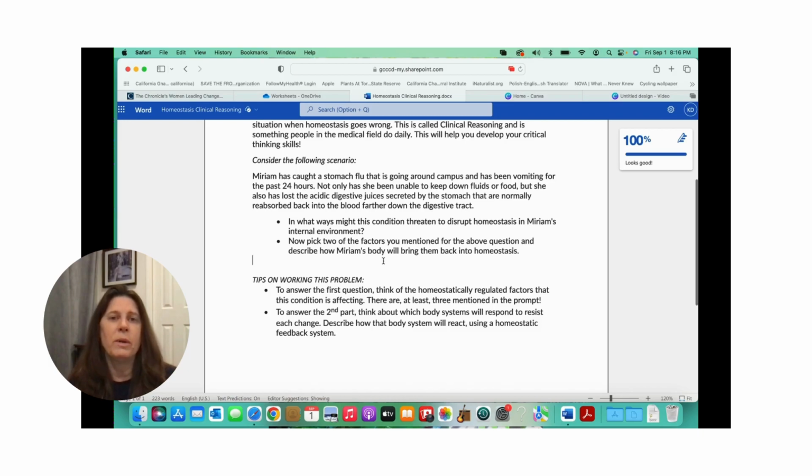Other things students mentioned in class is that she might then start to feel thirsty, right? That's a behavioral drive, and that is definitely a way homeostasis can get us back into increasing our water levels. So the hypothalamus is the integrator, is sensing, right, that we have low water levels, and so it will then cause your mouth, the membranes, to dry up, make you feel thirsty.